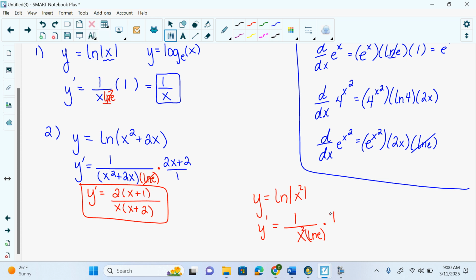So we have x squared, and then I'm multiplying by 2x over 1. This is technically just joining this every single time, correct? So do I have to show it in pieces, or can I just know that whatever's beside the ln goes in the bottom, ln the base, and the derivative of it technically goes on the top, right? Because if I'm just doing a 1 on the top always and I'm multiplying by that, that's joining the top every single time. So it's a lot faster to just say, write what's beside on the bottom, ln the base, derivative of it on the top, instead of going 1 times whatever.